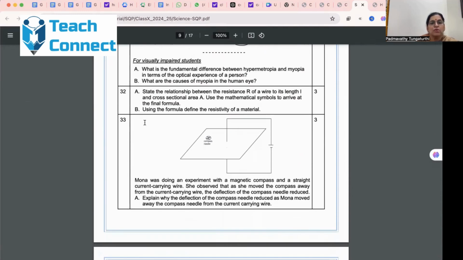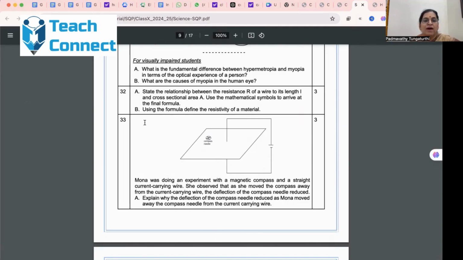Question number 32, what's the relationship between the resistance R of a wire with the area of cross-section? Use mathematical symbols. Symbols are important here. Using the formula, this is a straight memory question wherein the resistance is taken into consideration. How area of cross-section, inverse proportionality, is taken into consideration.